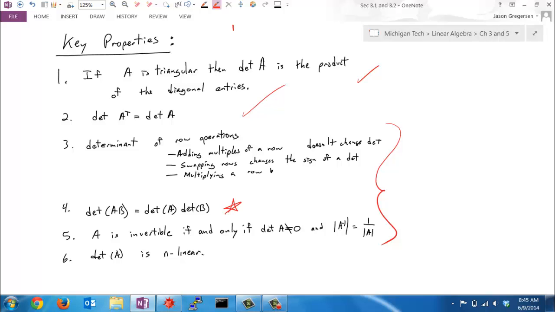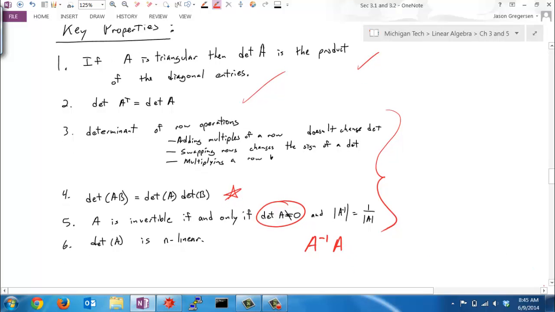Now, once I have that, I can look at the next one. If A is invertible, so if I have this matrix inverse, we kind of know that it's only invertible if the determinant is not equal to 0. Well, we established that's why they created the idea of the determinant. So now if I look at a product, A inverse times A, what do I get when I take that product? What is A inverse times A?